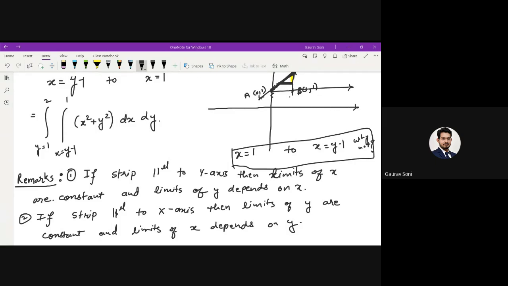You said that we understood it. We are very much clear. Now tell me. Sir, it's because of the limits that we are going from x is equal to y minus 1 to x is equal to 1, but it cannot be the other way around because the function is only given like that.